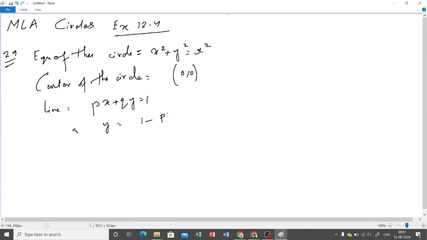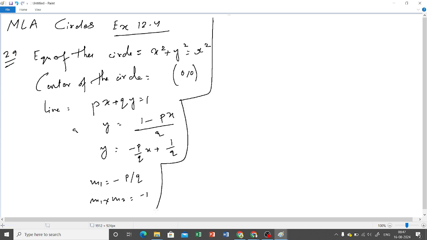So y is equal to (1 minus px) divided by q, or y is equal to minus p by q x plus 1 by q. What is the slope? Minus p by q. m1 into m2 is equal to minus 1, so m2 is q by p.